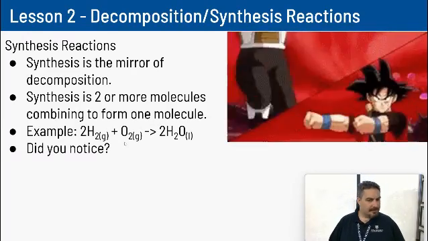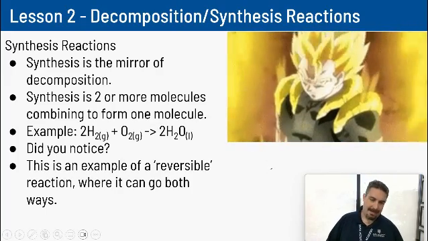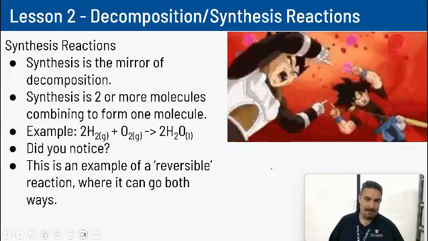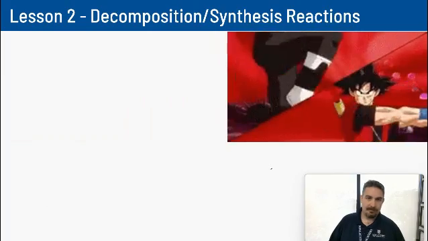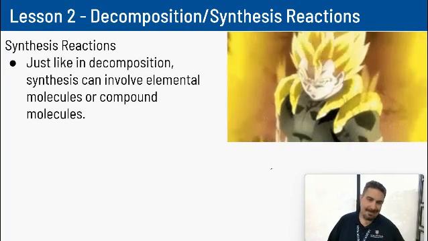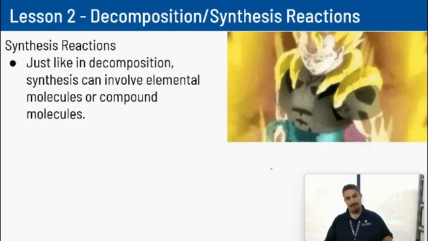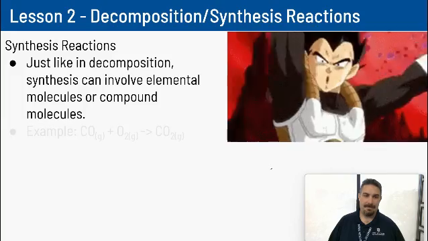Now, did you notice? This is an example of a reversible reaction where it can go both ways, okay? Now, just like in decomposition, this synthesis can involve elemental molecules, like we just saw, pure molecules, or compounds.